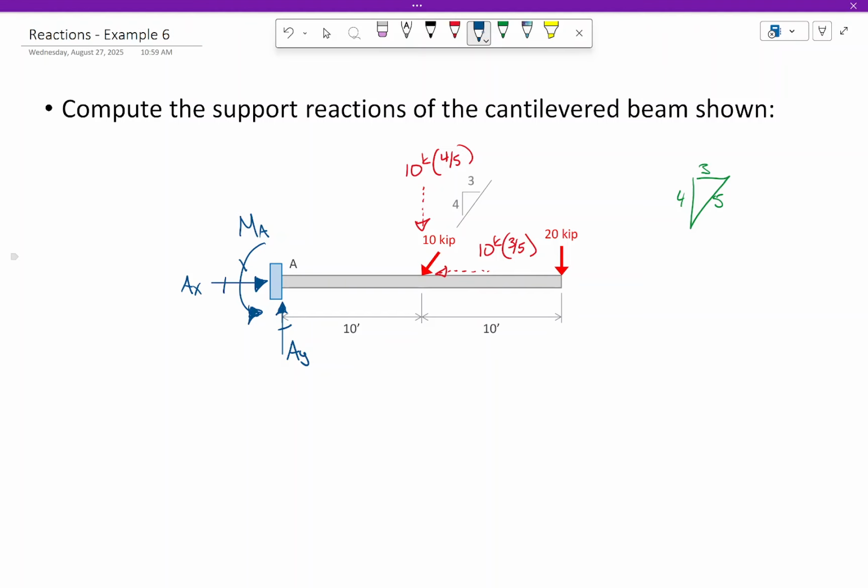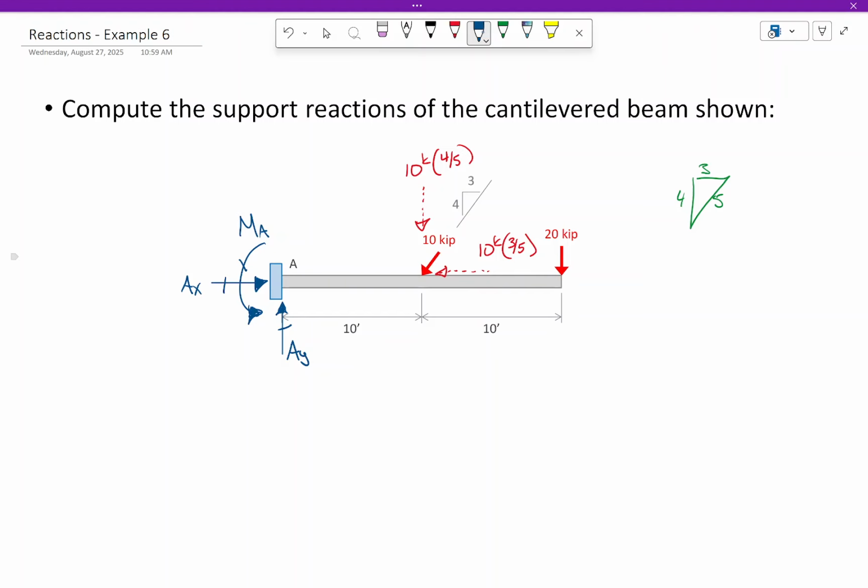Sum moments at A. Okay, so let's think that through. Why are you summing moments at A? Because there are 2 unknowns there. So there's an unknown here, and here, and here, and you would sum moments at A because 2 of them intersect.